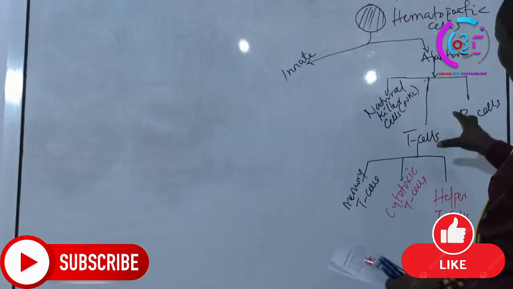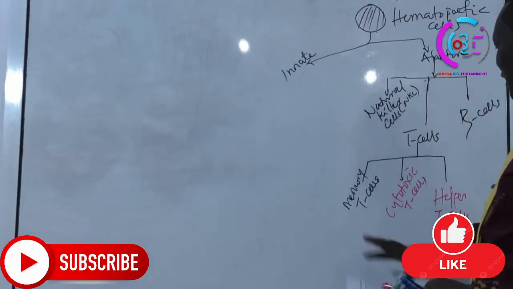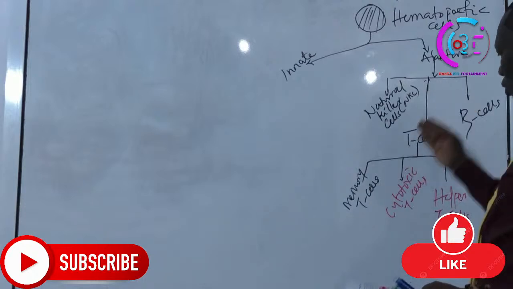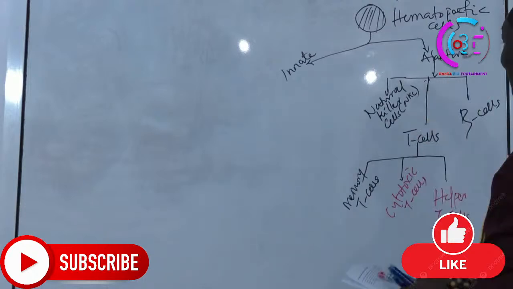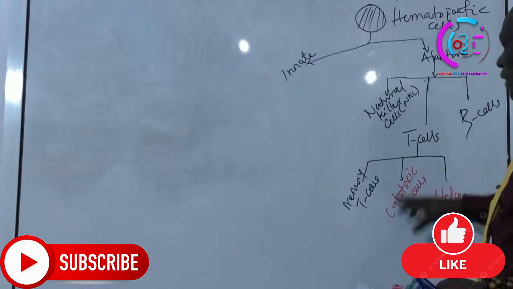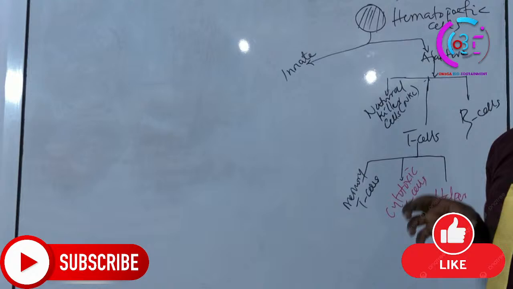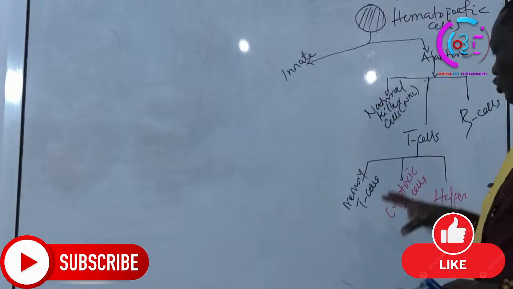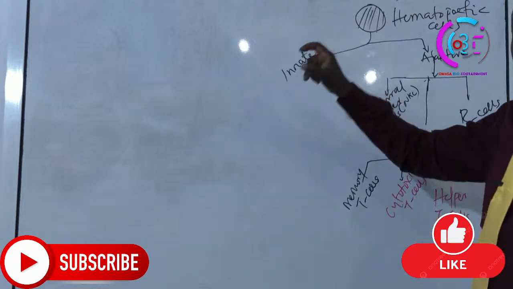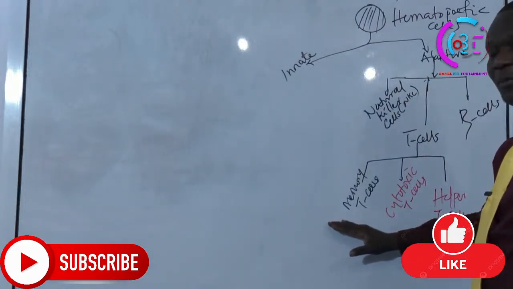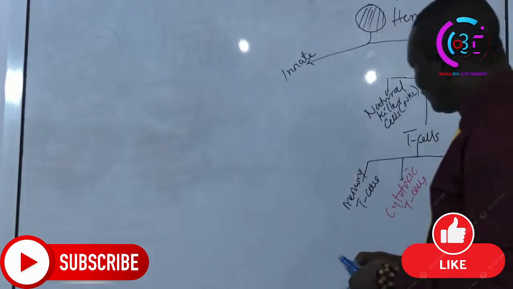But you should know that T cells can be divided into three. We have the one that is responsible for memory, that is, immediately after the cytotoxic T helper cell is triggered or recruited to go and deal with the insults from the antigen, some of these cells will be used as memory T cells.